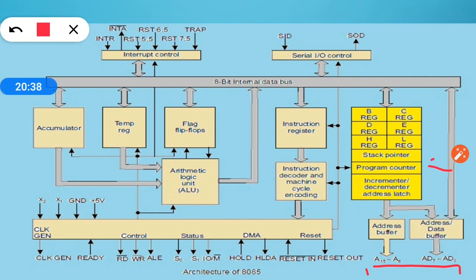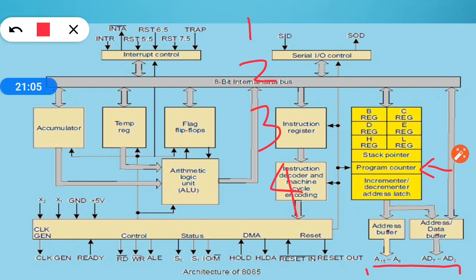The task of the program counter is that it always points to the address of the memory location of the next instruction. Suppose I have instructions 1, 2, 3, 4, and these instructions are stored somewhere in the memory locations of the particular memory device.